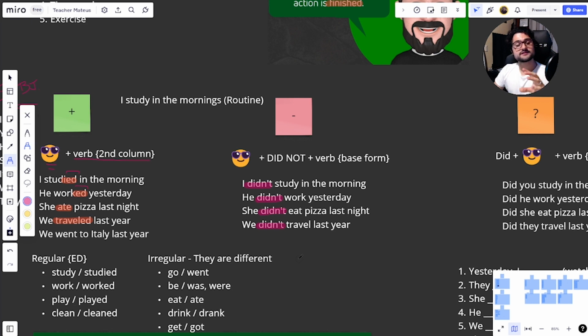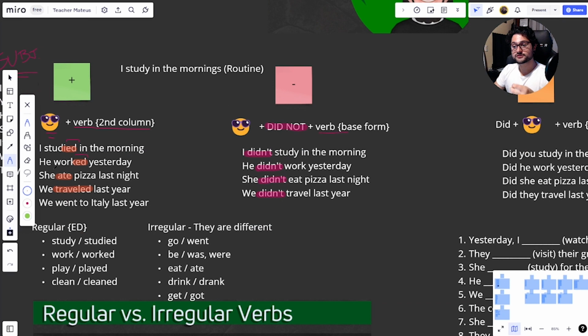So the negative in simple past is actually pretty simple because we just need to include did with not, and the verb is in the base form, so we don't change the verb. So when we say regular and irregular verbs, we use these for affirmative sentences, in most cases. Yes, the regular and irregular, the second column.